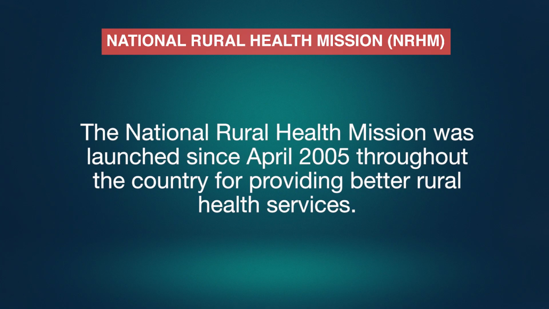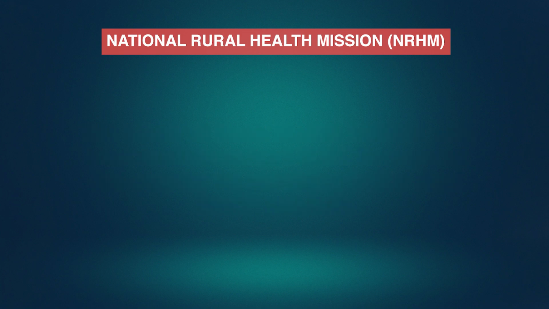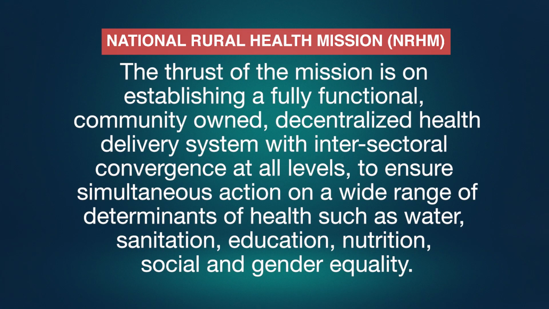Let us try to learn about the National Rural and Urban Health Mission. The National Rural Health Mission was launched in the year 2005 throughout the country for providing better rural health services. The thrust of the mission is to establish a fully functional, community-owned, decentralized healthcare delivery system with intersectoral convergence at all levels.